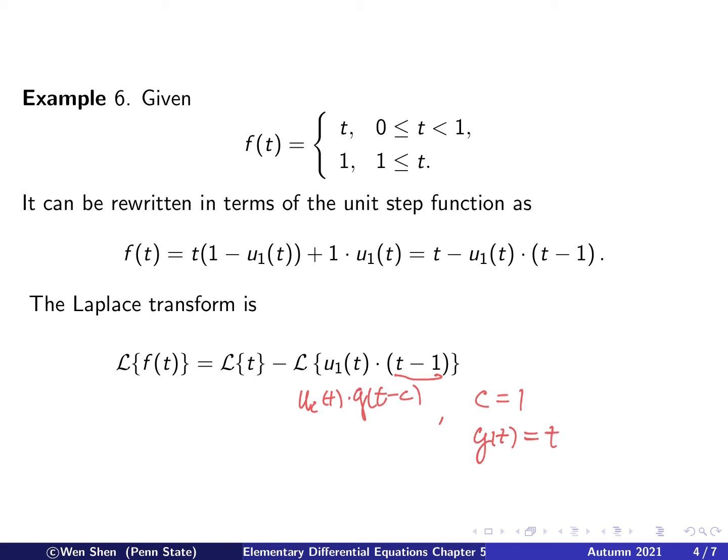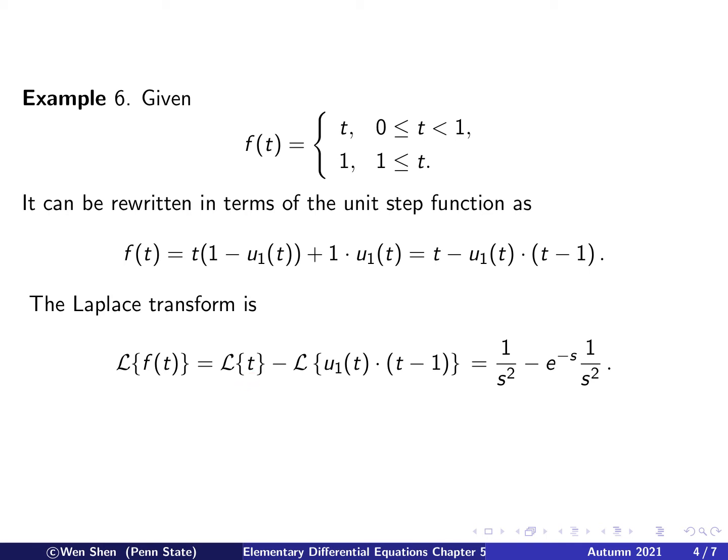Okay. And therefore, the Laplace transform of this second term will be the Laplace transform of this function here, multiplied by the exponential e to the negative cs, where c is 1. And then we can put it in.